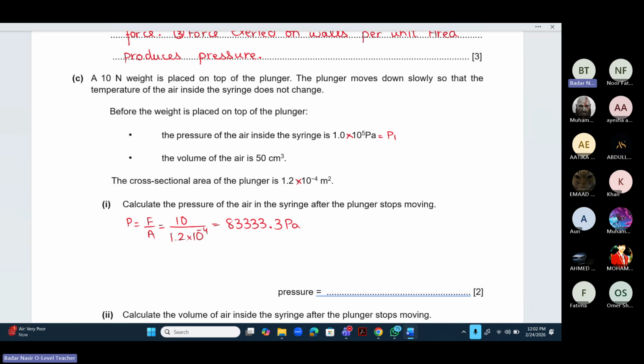Now we have to give the final answer to two significant figures. So the final answer will be 8.3 into 10 raised to the power of 4.